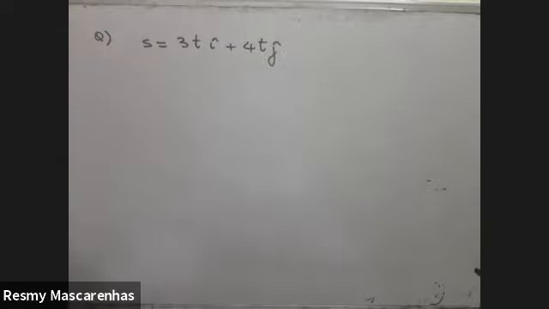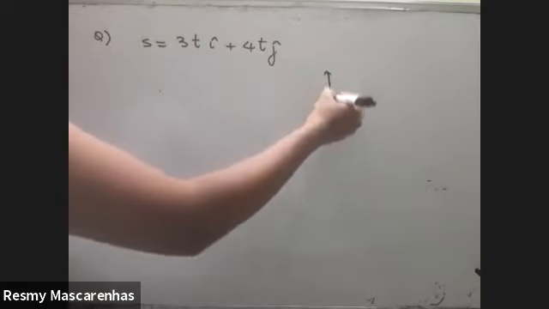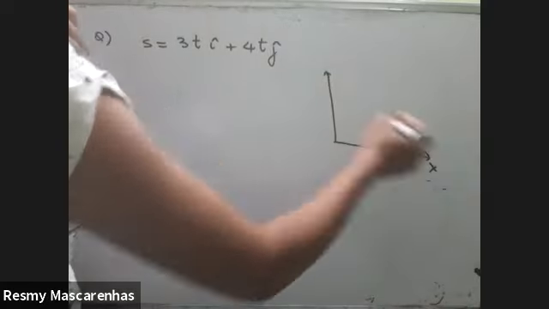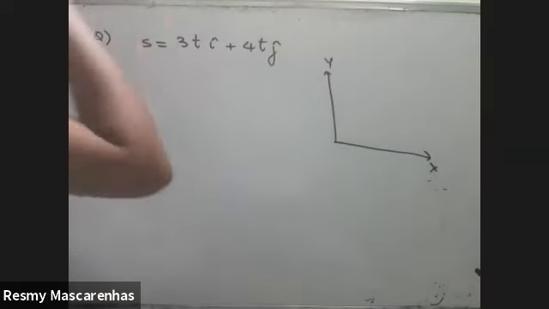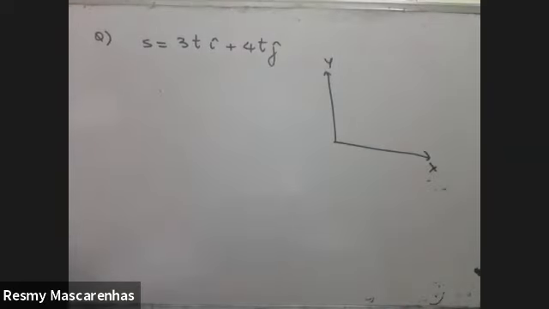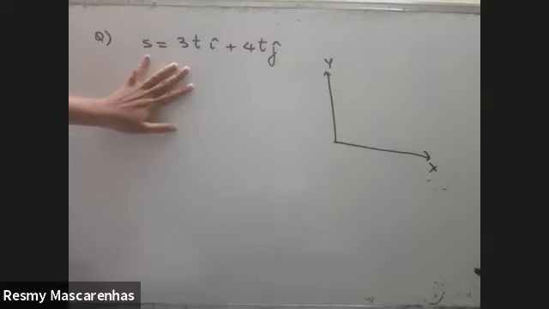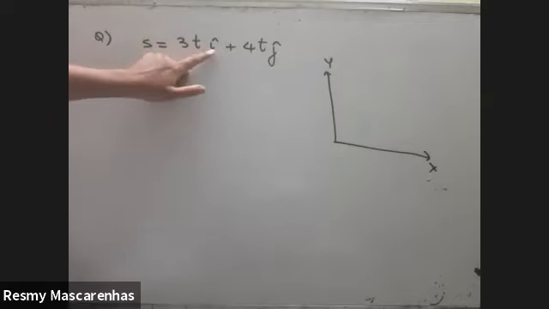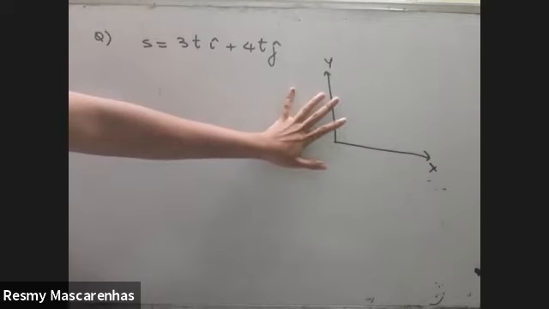So basically, this is always your x-axis and this is your y-axis. Now there is no k term, so this will be only in terms of x and y. Now it's trying to tell you that when the person is moving, his x component and y component are also changing.